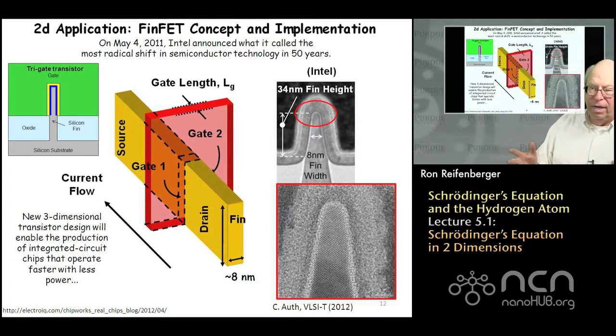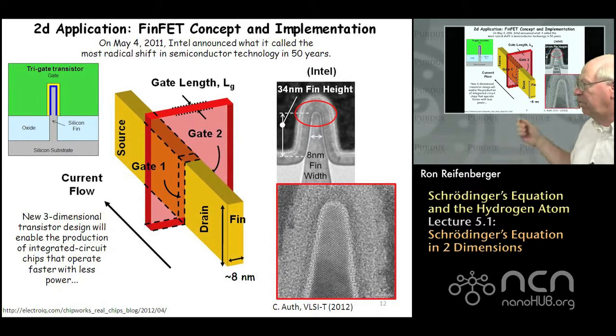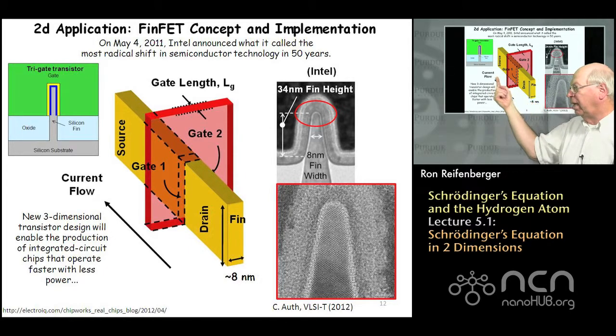So I've been looking in the literature for situations where you have very thin plates in one dimension, but they have large extents in the other two directions, X and Y. What I found is these FinFETs that Intel is now touting for their new transistor geometries. These FinFETs are very narrow in one dimension. They apparently have larger dimensions in the other two directions.